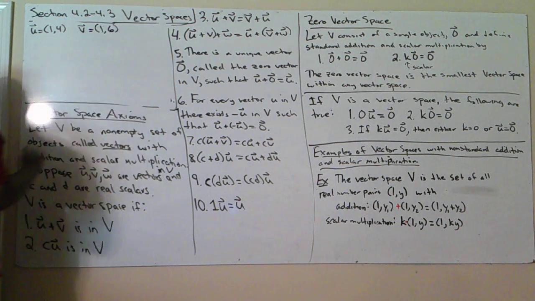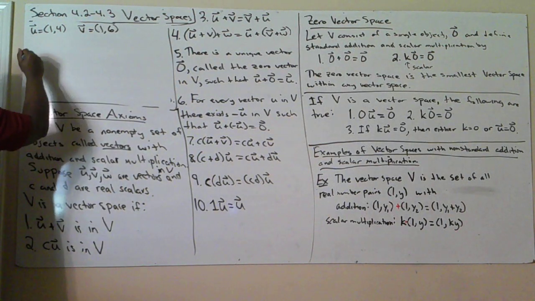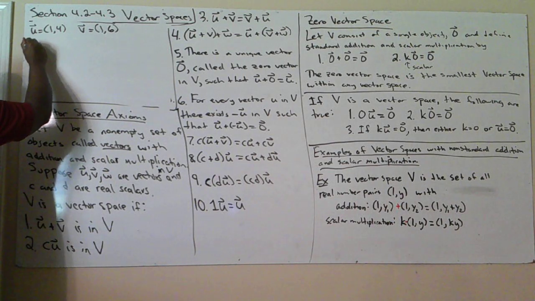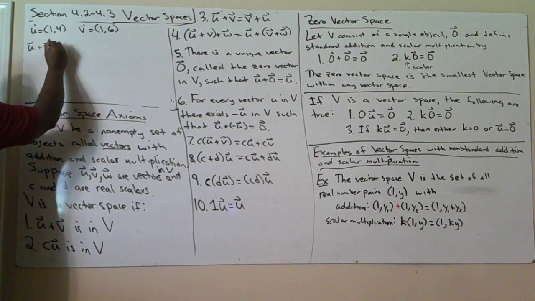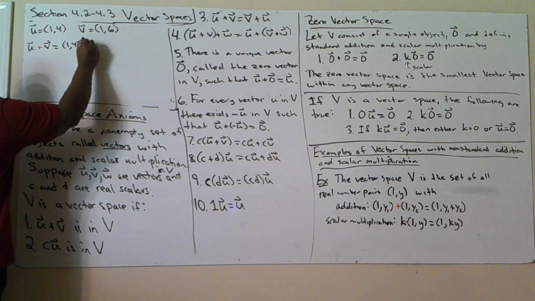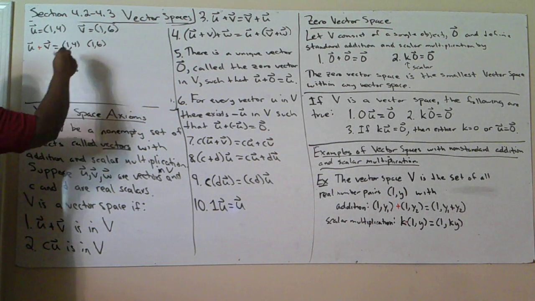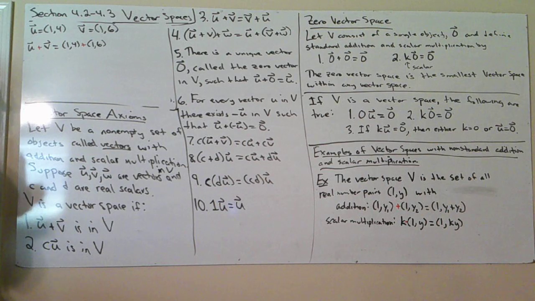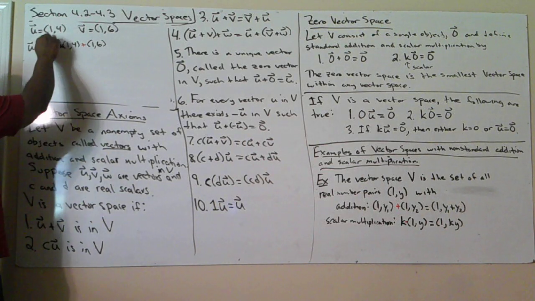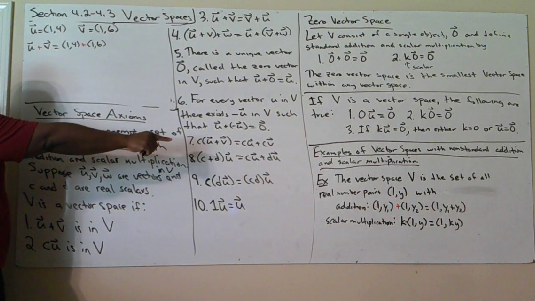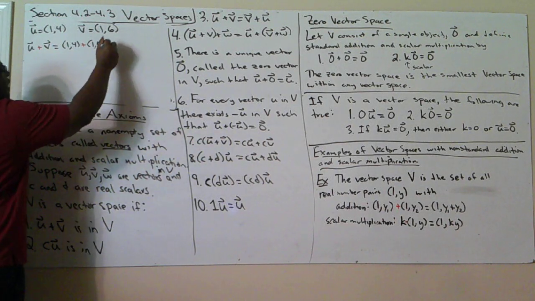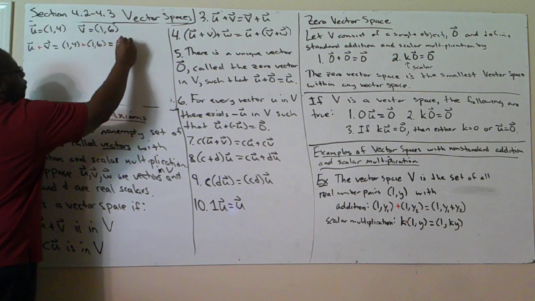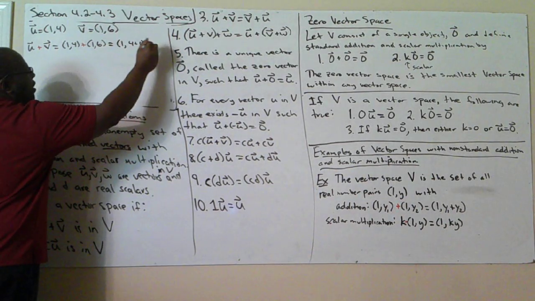Then u plus v is going to be (1, 4) plus (1, 6). A vector in my vector space V has to have the form 1 comma whatever real number. When I add these together, I get 1 comma 4 plus 6, or (1, 10).